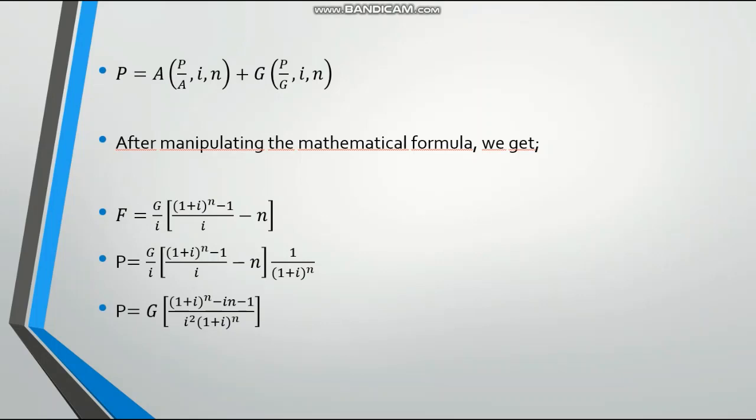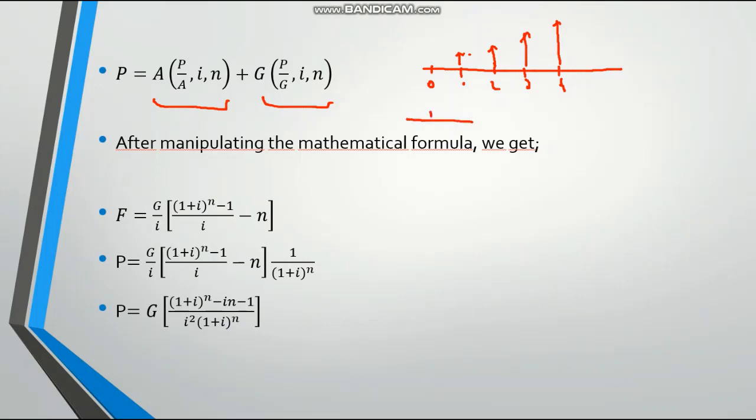If we want to take the present value, let's say again 0, 1, 2, 3, 4, four years, arithmetically increasing, we know how to calculate the annual series, so we divide it into an annual series and G points.